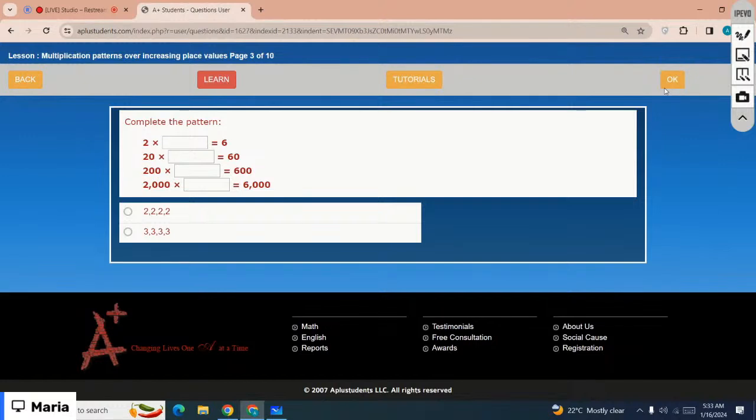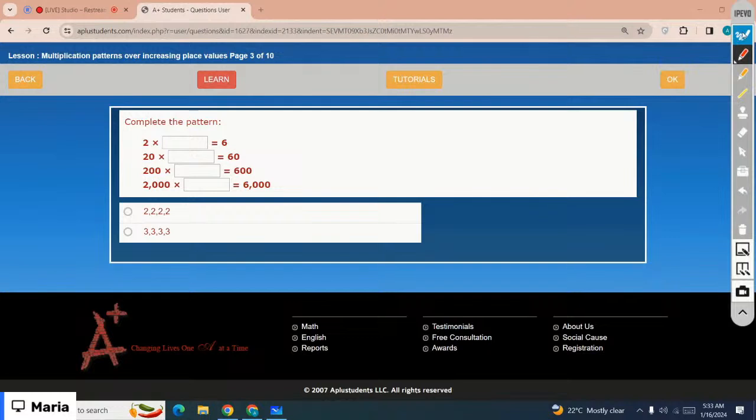Complete the pattern, which is the correct option. That is 2 times 3 is 6.